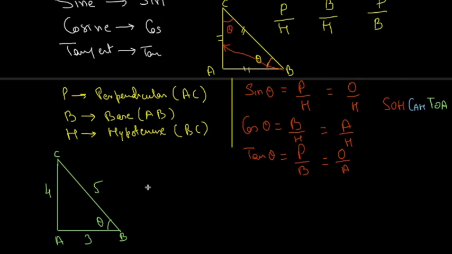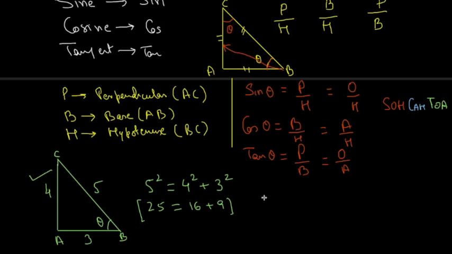Our Pythagoras theorem states that the square of the hypotenuse should be equal to the sum of the squares of the two sides. So yes, here it is 25, here it is 16 plus 9, and hence this is also 25. So our figures are correct.